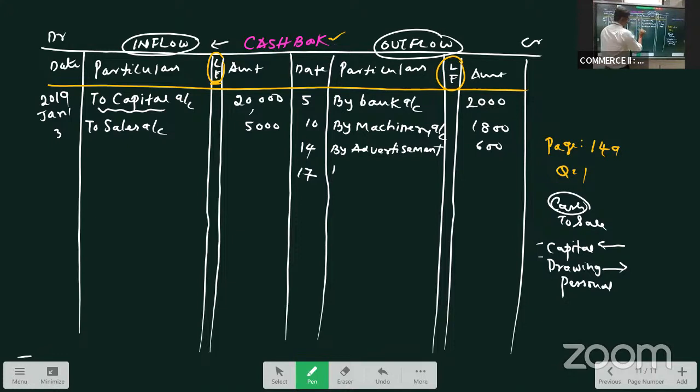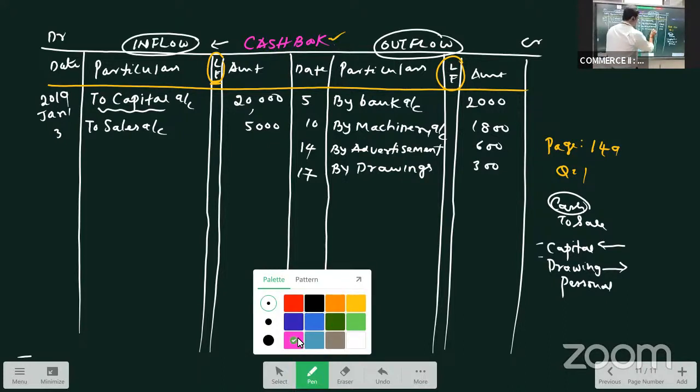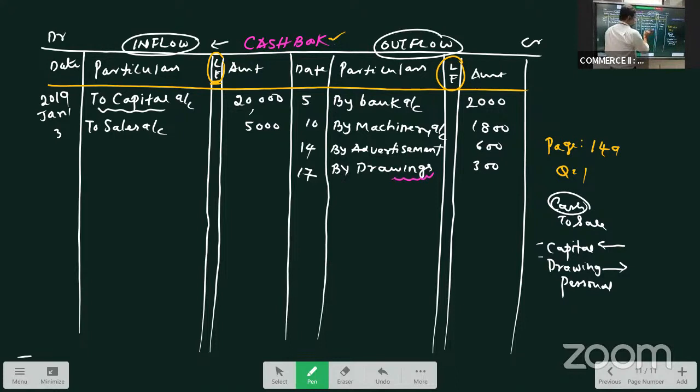Take it on the credit side by drawings. How much? 300. Hope this drawing concept is understood. Drawing is the amount taken by proprietor for his personal use. Business में से cash जा रहा. Write it on the credit side. Treat it like a payment.